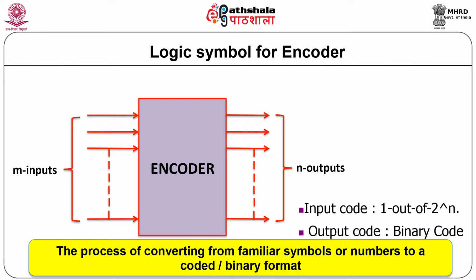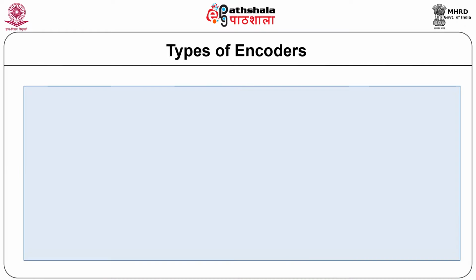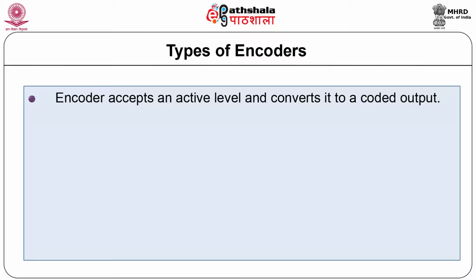Encoders can also be devised to encode various symbols and characters for the keypad and keyboards. Some of the most commonly used encoders are linear encoders and priority encoders. An encoder accepts an active level on one of its inputs representing a digit such as a decimal or octal digit and converts it to a coded output such as binary or BCD.